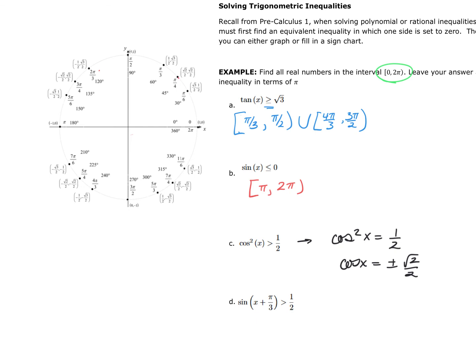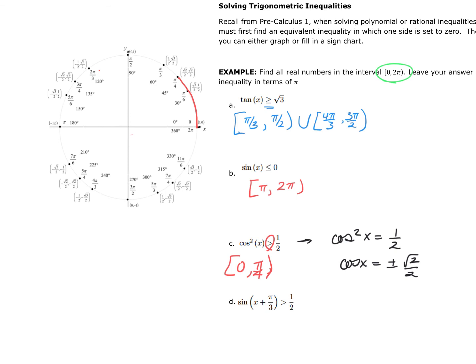So we want to know where, when I square this, it is strictly greater than that. In this region right here, when I take any ratio of an angle in that region and square it, it'll be bigger than 1/2. So that region will be a solution, not inclusive of pi over 4. So between 0 and pi over 4, inclusive of 0 and non-inclusive of pi over 4.